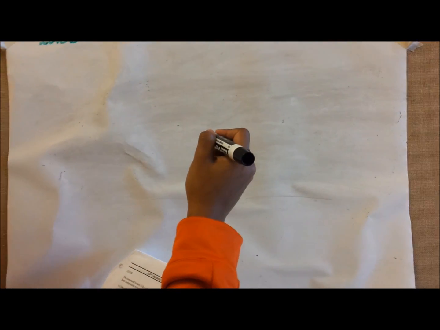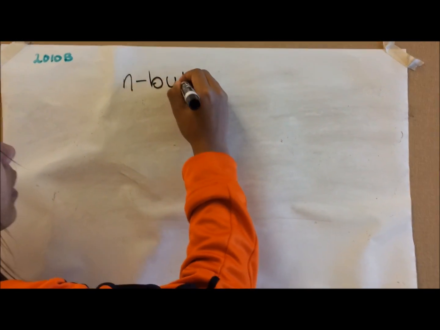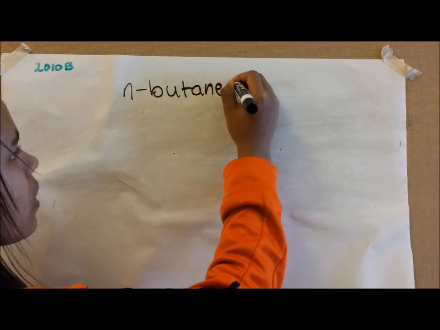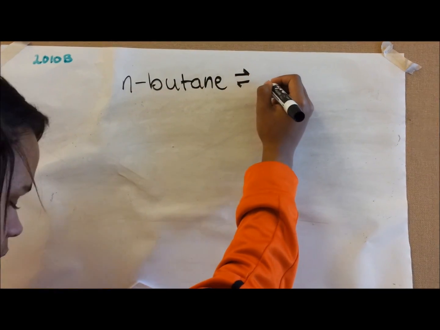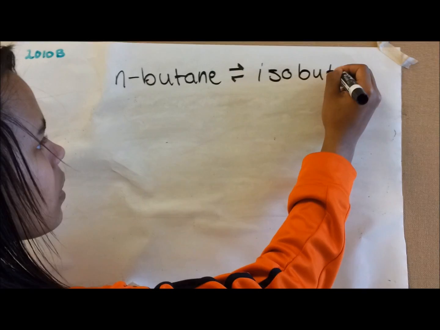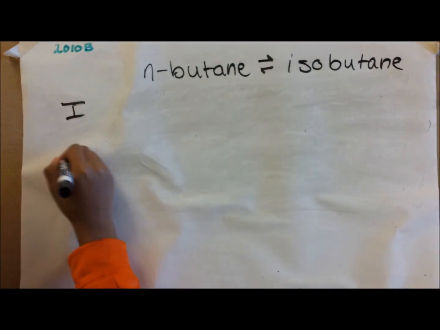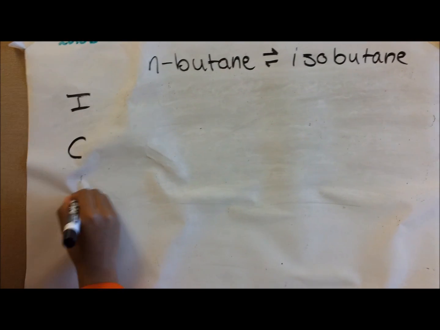Alright, so part E2 says calculate the molar concentration of each species at equilibrium. So you're going to have to set up an ICE table, to guide us. So you have initial, change, and then equilibrium.